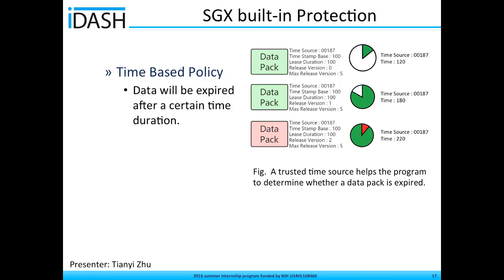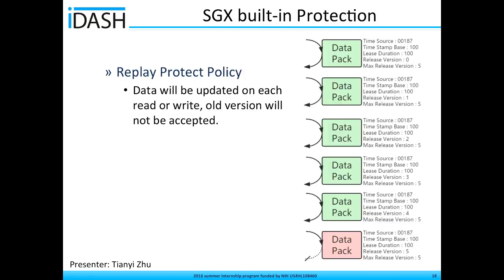And the second way of policy protection is called the replay protect policy. That is, the data will be updated after each read or write, so that the old version will not be accepted. Our program will keep a counter for each data pack, and we also add a counter into each data pack and seal them outside our enclave, so that when you try to read a data pack, you check the counter in the data pack, and also check the counter in your program, in your trusted memory, and compare them.